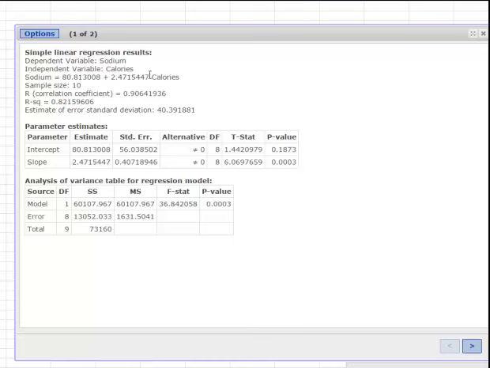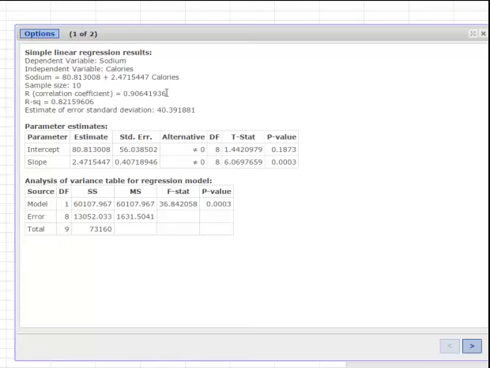Looking up at the top portion of the output, we have our correlation coefficient right here. It's about 0.91, with some rounding, or 0.906 if you rounded to the third decimal place. That is a fairly large correlation coefficient.